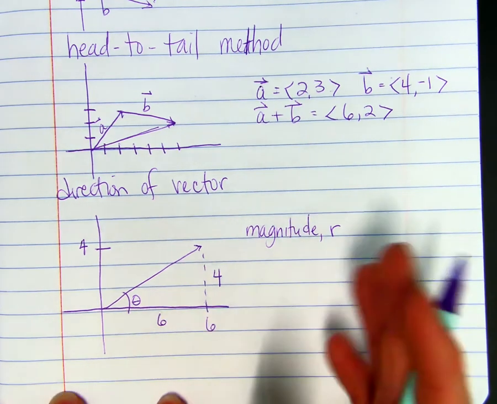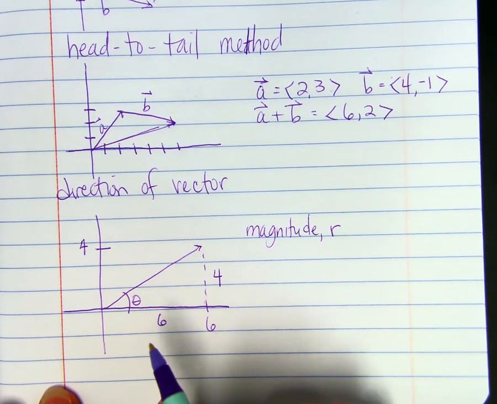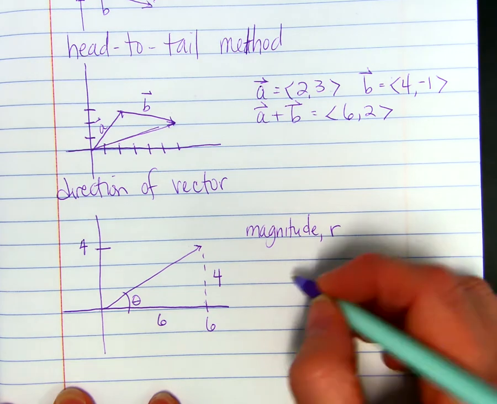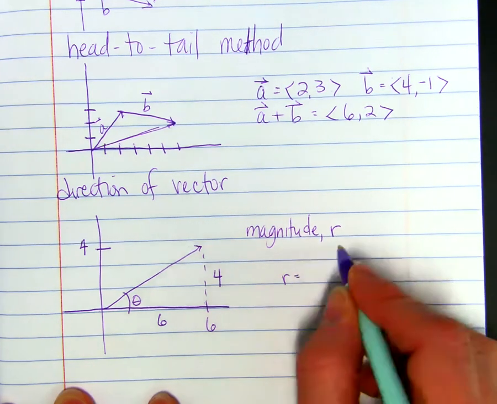So you could use the Pythagorean theorem and do the square root of 6 squared plus 4 squared, and leave a space here under magnitude.